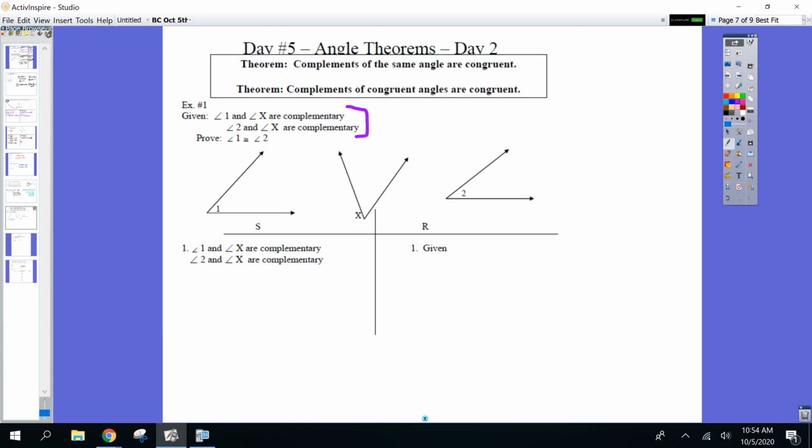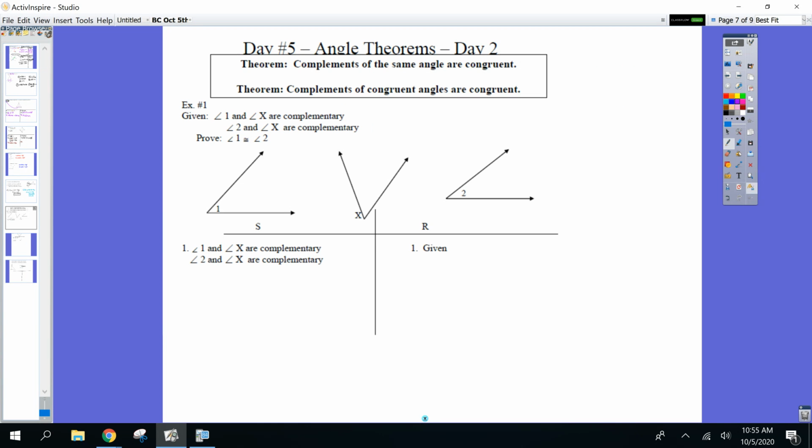Substitution is only for things that are equal to each other. So if I said 1 and x were equal and 2 and x were equal, then yes, you could say 1 and 2 are equal by substitution. But you can't use substitution with words like complementary and supplementary. See the difference? Substitution only works when things are equal to each other.